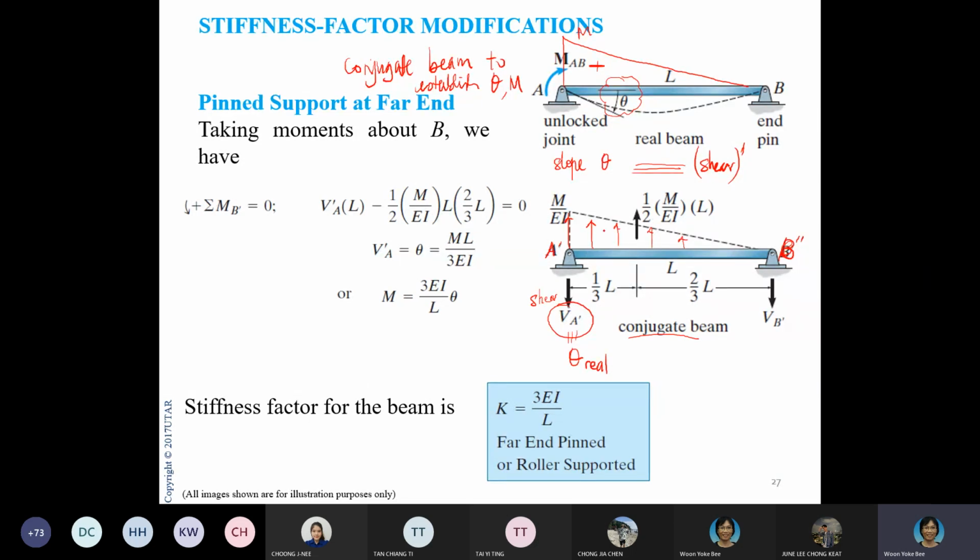Because it is numerically equal to the slope theta, I say theta is equal to this.